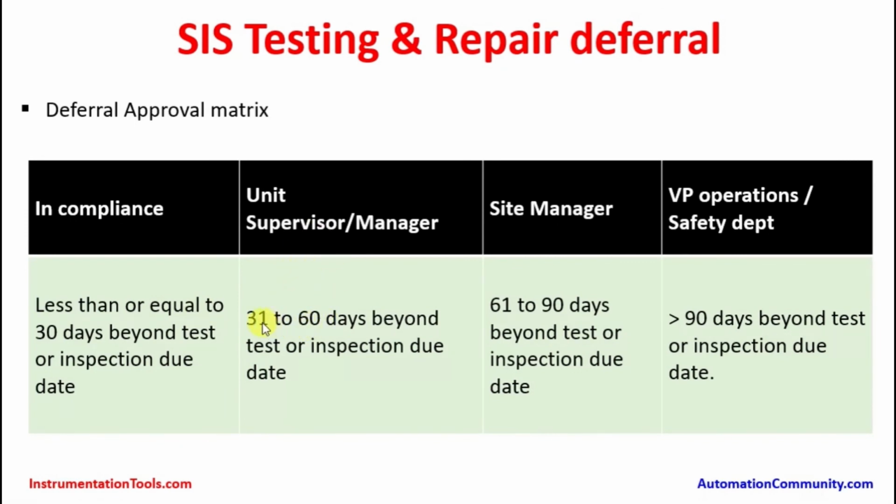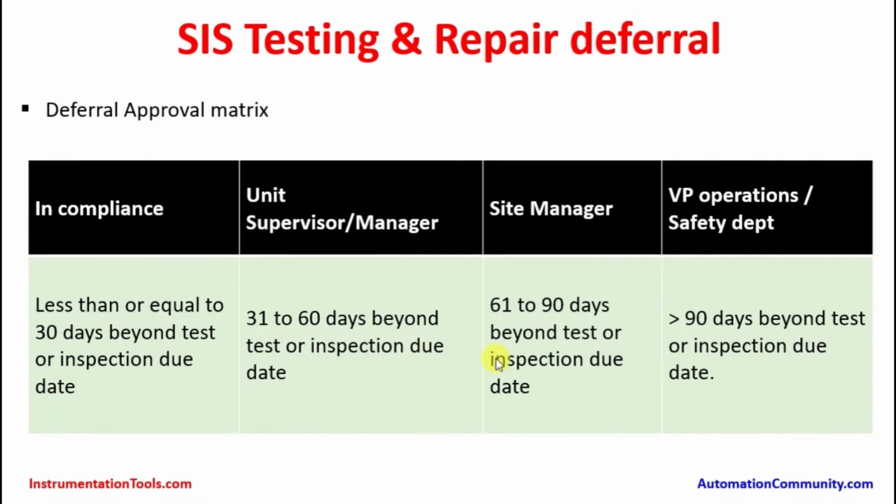If it goes from 31 to 60 days beyond the due date, it requires unit supervisor and manager approval. If testing goes from 61 up to 90 days beyond the planned test schedule, it requires the site manager's approval. When testing goes beyond 90 days beyond the test or inspection due date, it requires approval by the operations vice president or safety department vice president.